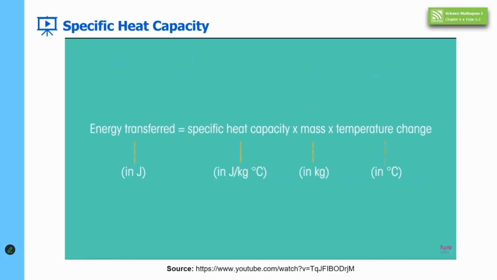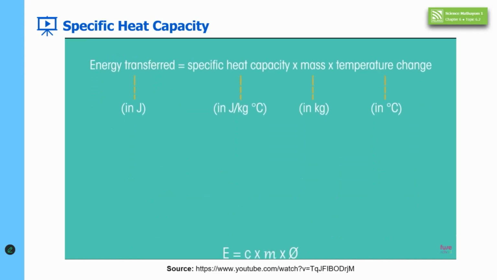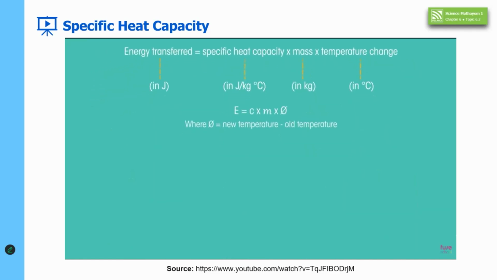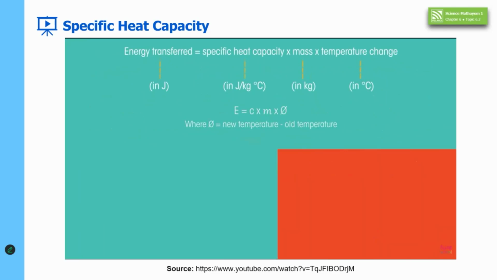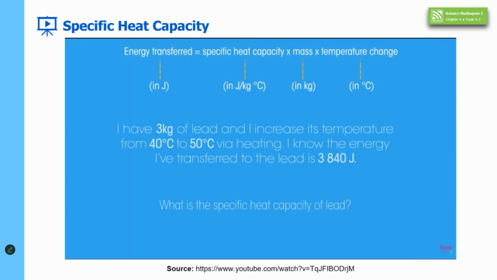We have this equation, which can be written as symbols like this. The energy transferred is the heat energy absorbed or released. This equation can also be rearranged. To work out the temperature change, subtract the old temperature from the new temperature. Let's have a look at a problem. Pause the video and attempt to calculate the specific heat capacity of lead.